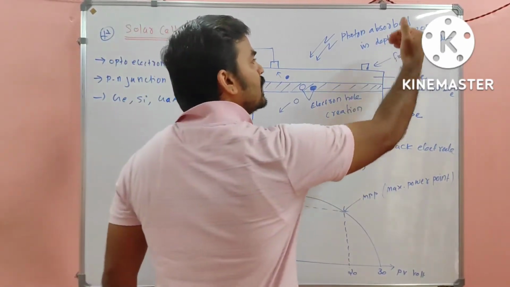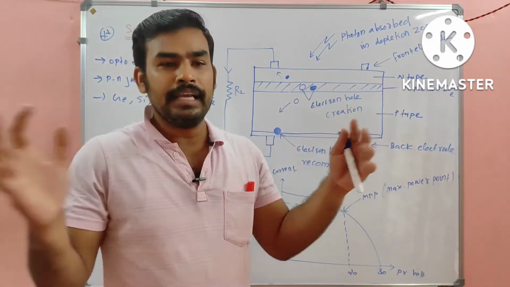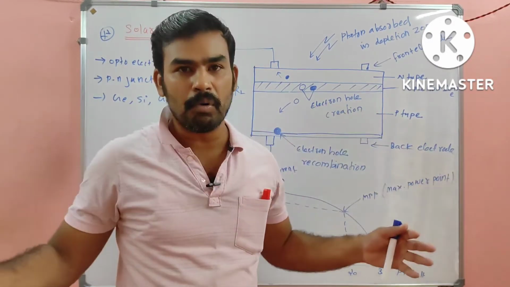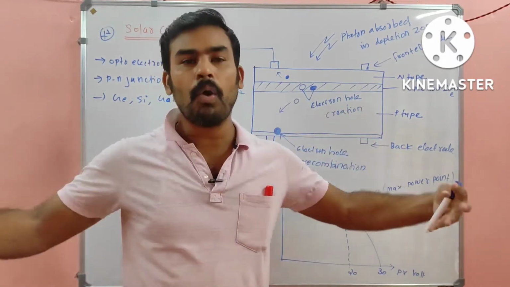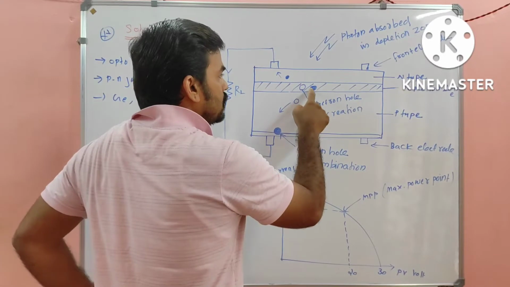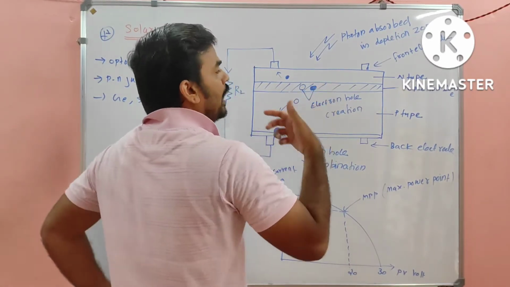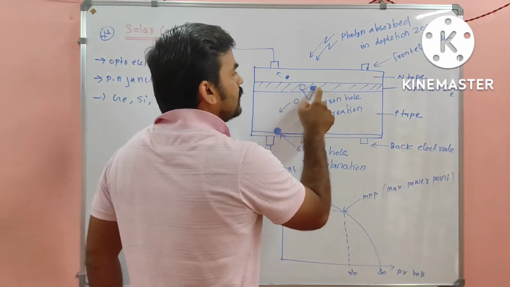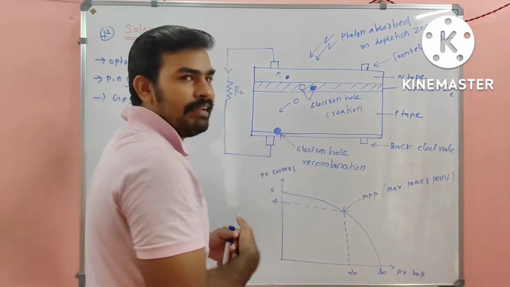So what happens when the light strikes? The recombined electrons and holes break their bond, and the electrons and holes are separated. Electrons and holes are generated inside, and you might think this electron can easily come to the P region and recombine again.